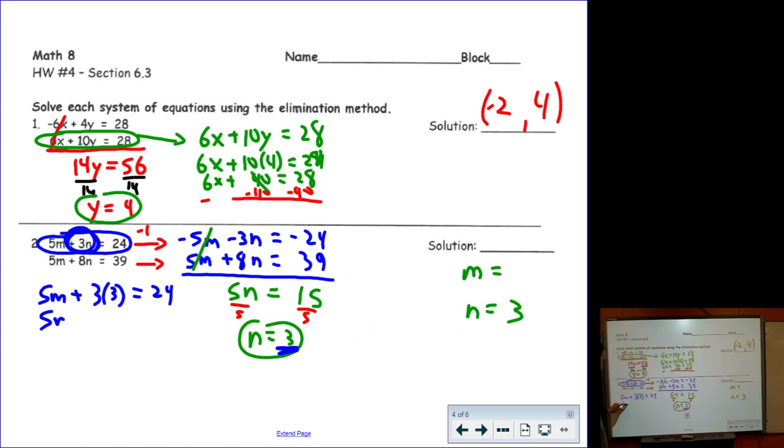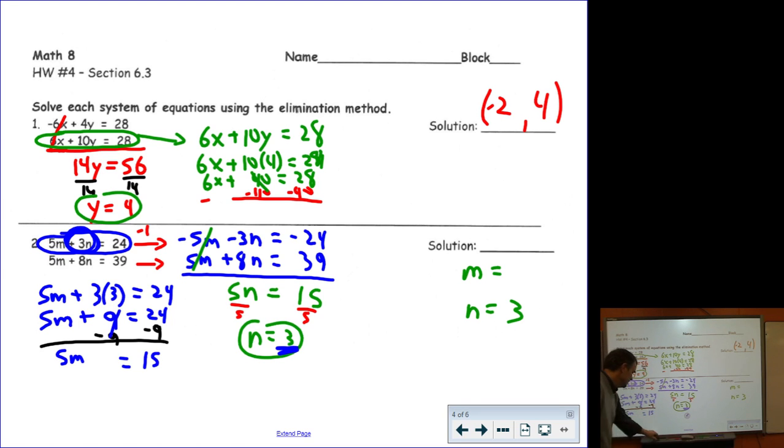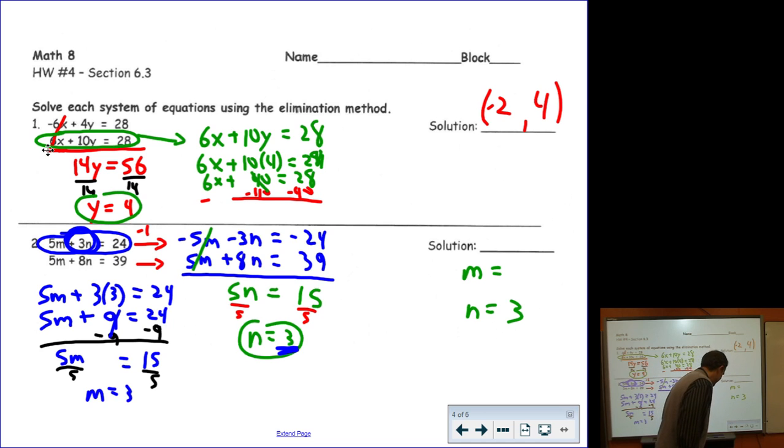Solving that, I would get 5m plus 9 equals 24. I would subtract 9 from both sides and get 5m equals 15. I would divide both sides by 5 and get m equals 3. And so I have my solution for this system: m equals 3 and n equals 3.